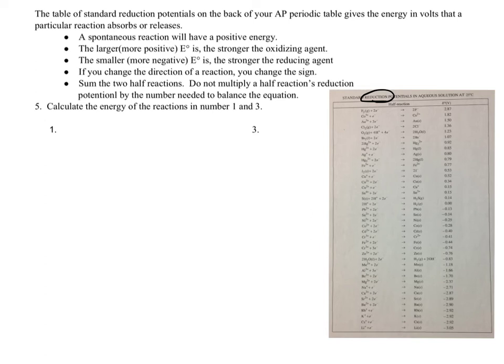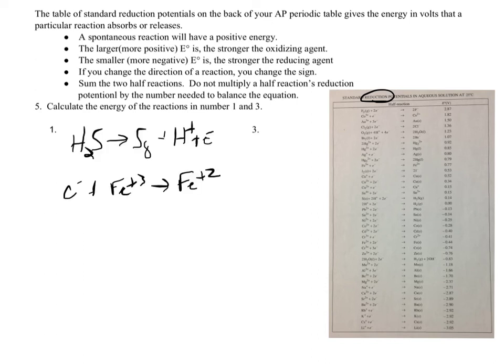So what I'm going to do is look at numbers 1 and 3 as examples here. First thing you want to do is identify your half reactions, and that's really why I started with those first, so you won't need to rewrite them. Maybe you want to make an arrow up to your previous writings. Okay, I just rewrote them for reference.